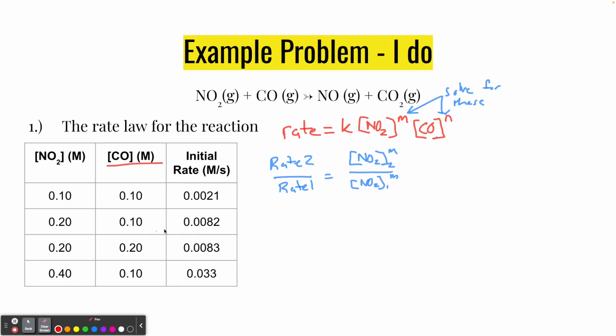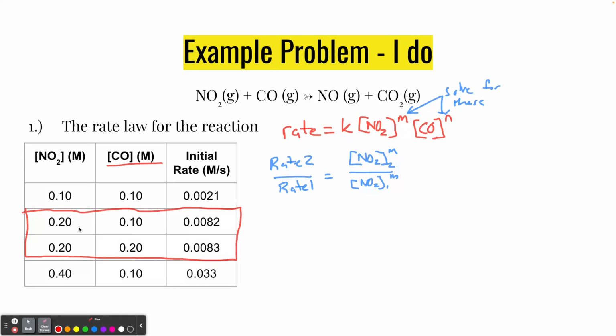Okay, and we're going to do carbon monoxide at trial 2 and trial 3. Now, the reason why I'm going to do carbon monoxide at trials 2 and 3, everybody, is because that's when NO2 is being held constant. So if you take a look at NO2, it's held constant here, right? So it's 0.2 to 0.2.